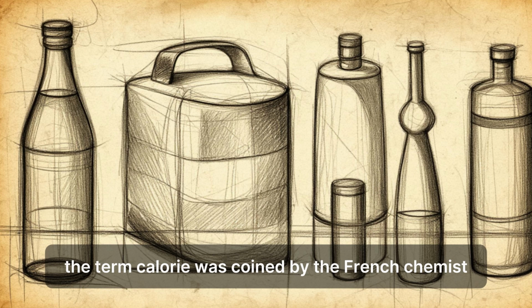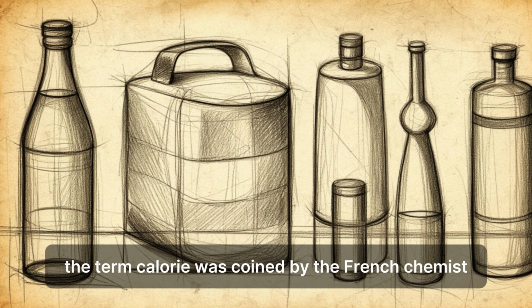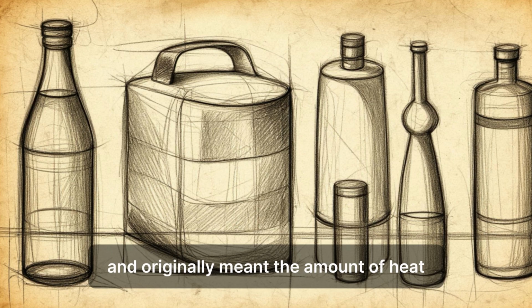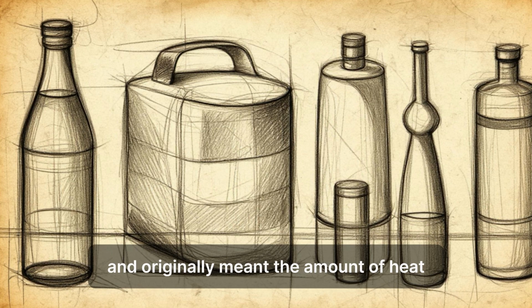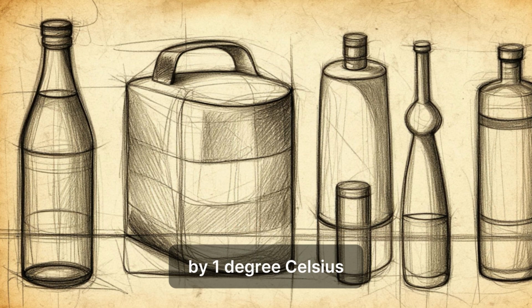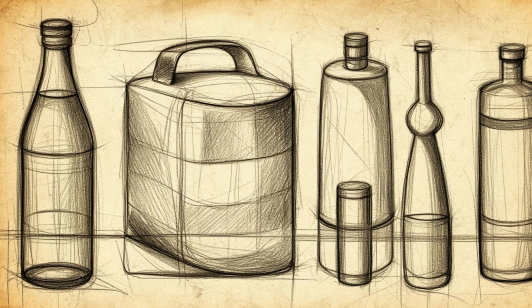The term calorie was coined by the French chemist Sadi Carnot in the 19th century, and originally meant the amount of heat needed to raise the temperature of 1 gram of water by 1 degree Celsius.